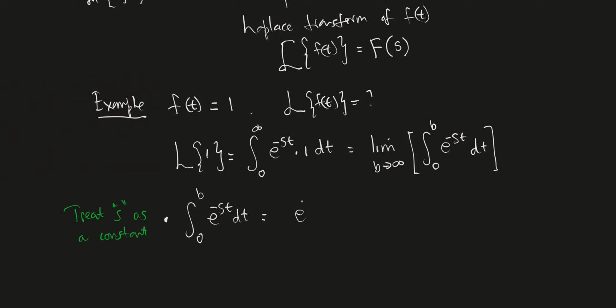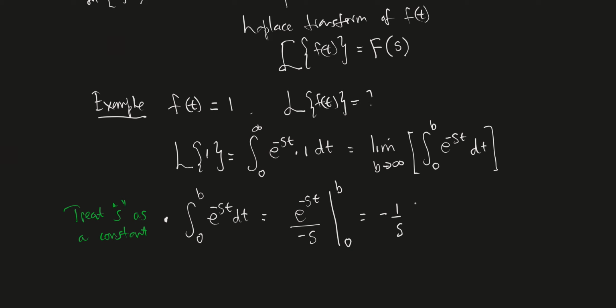So we get back the e, but then we have to divide by the negative s. And then we use our fundamental theorem from 0 to b. Because of the negative s in the denominator, I can treat that as negative 1 over s.